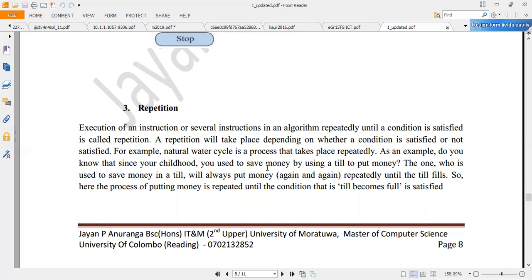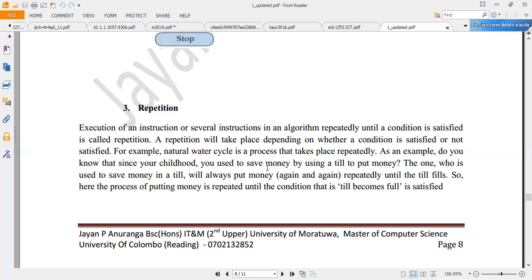As another example, since childhood you used to save money by putting money in a till. The one who saves money in a till will put money again and again repeatedly until the till fills. So here the process of putting money is repeated until the condition, that the till becomes full, is satisfied. One of the examples of repetition.